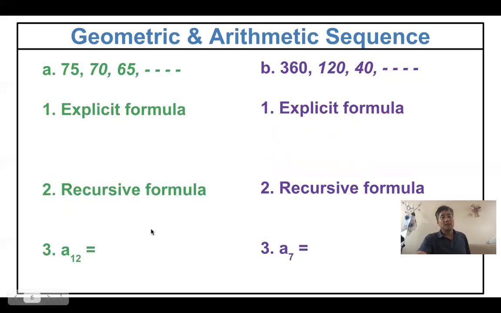So let's see with an example. Do you see the pattern? It keeps going down by 5. So the common difference is negative 5, right? How about this one? You are dividing by 3, but the common ratio is not dividing.